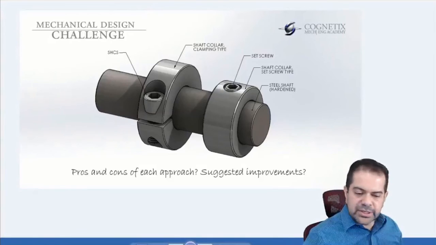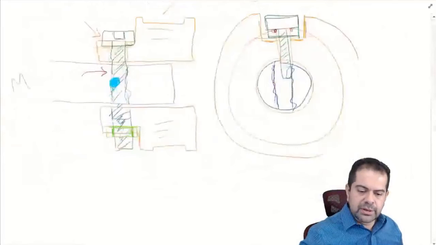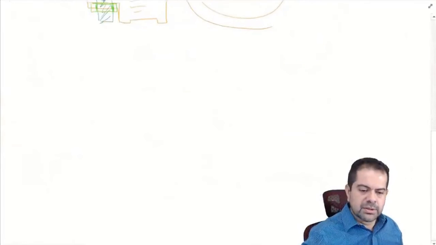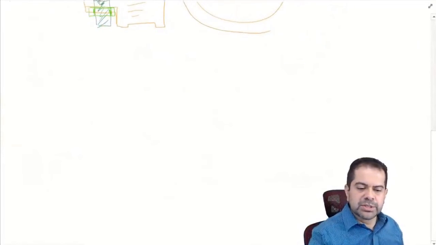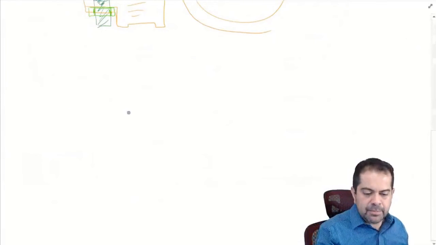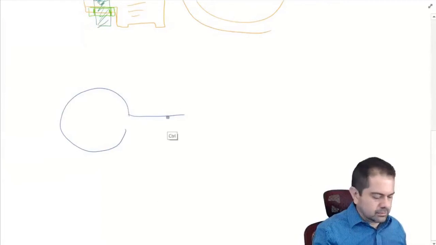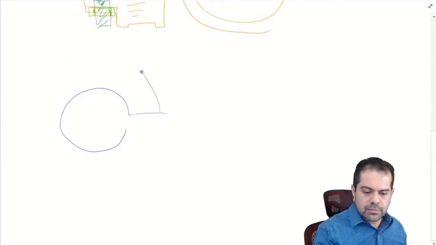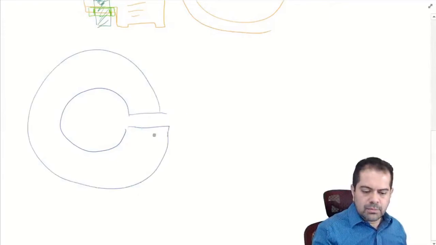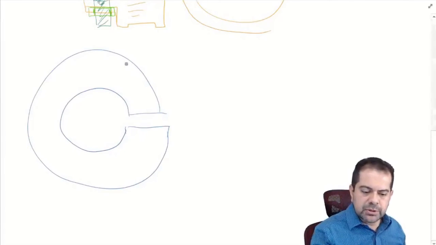So really quick, let's sketch a couple of split approaches here, just to complete what the initial goal of this lecture was. The clamp that is modeled there in SolidWorks that you just saw looks something like this, perhaps.